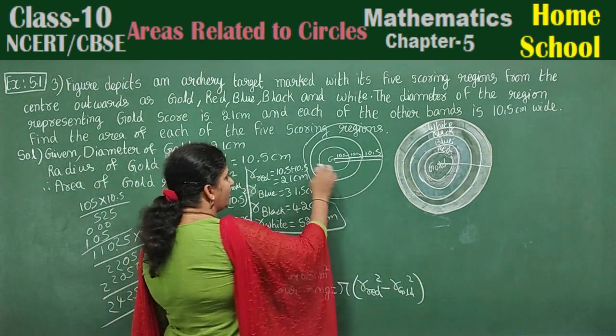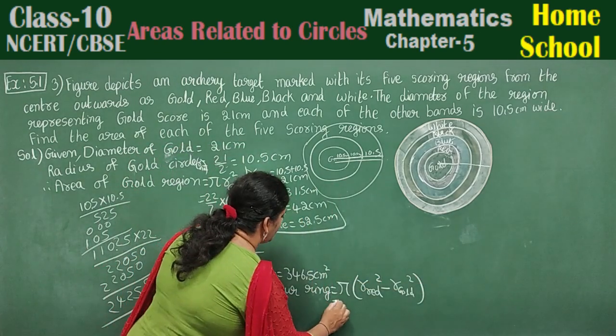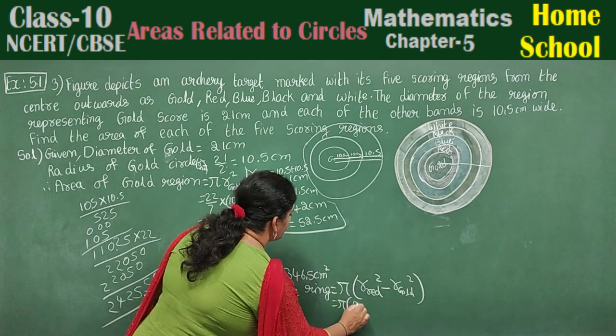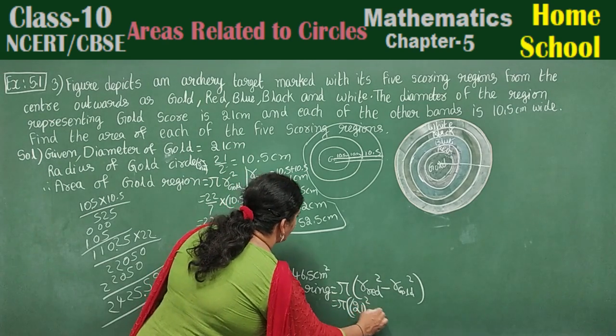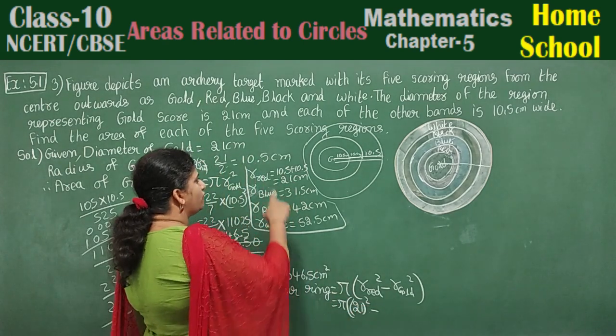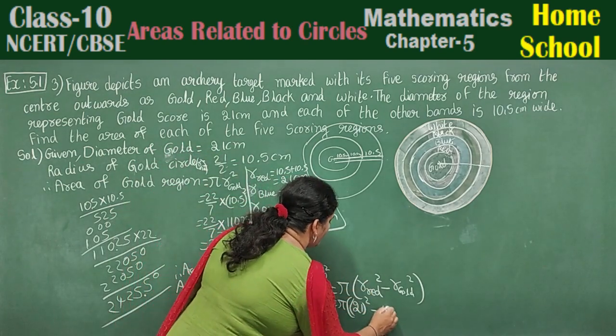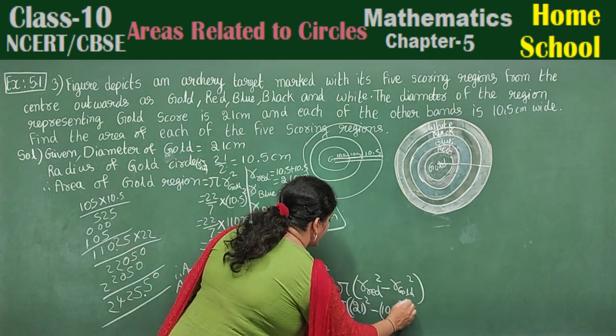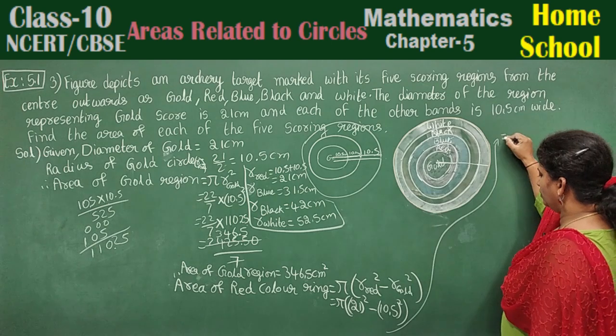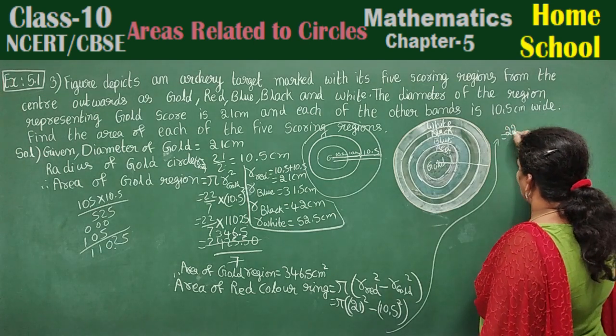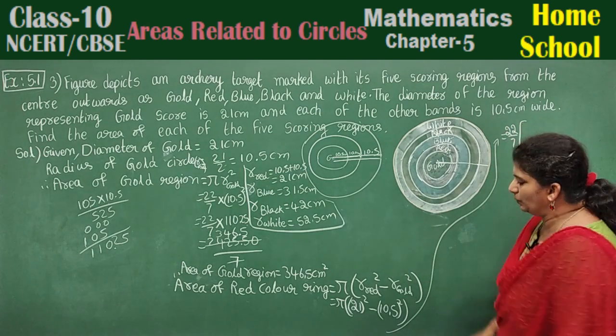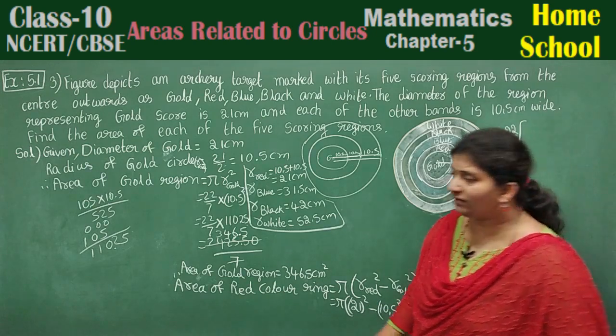What is radius of red here, children? That will be pi into 21 whole square minus what is radius of gold? 10.5 whole square. That is equal to pi value 22 by 7 into what is 21 21s?